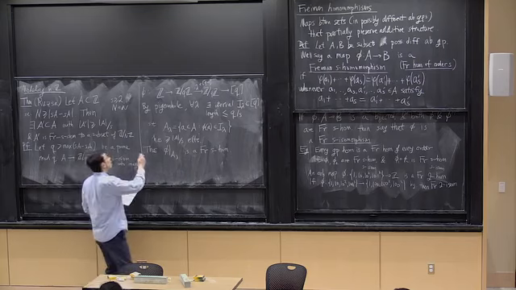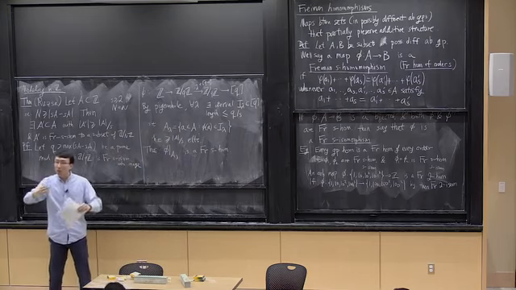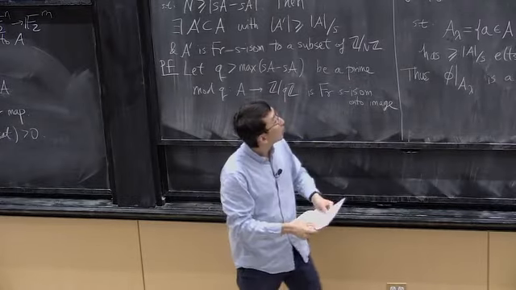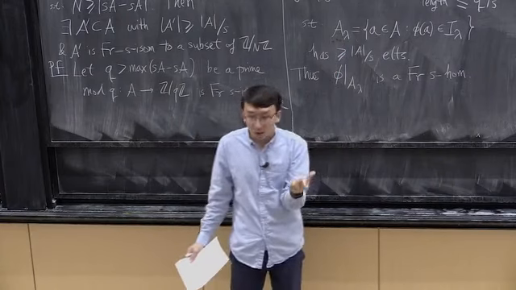All right, so now let me consider one more composition. At the end of the day, we would like to model this A sub lambda inside some small cyclic group.